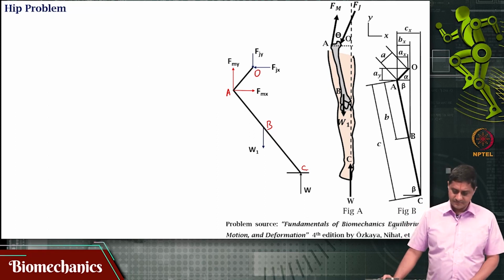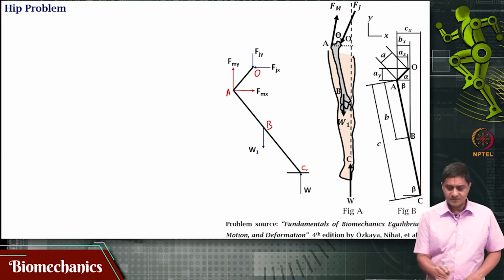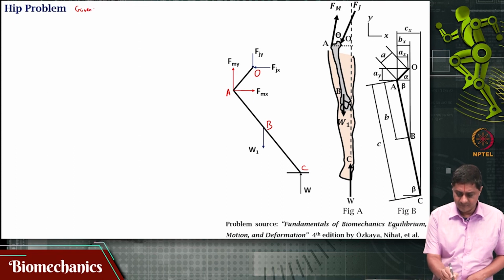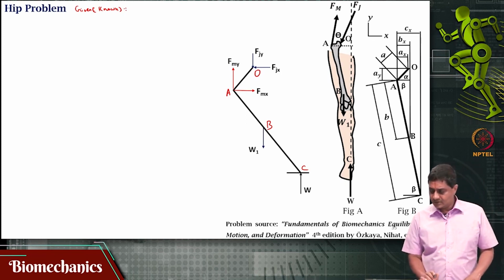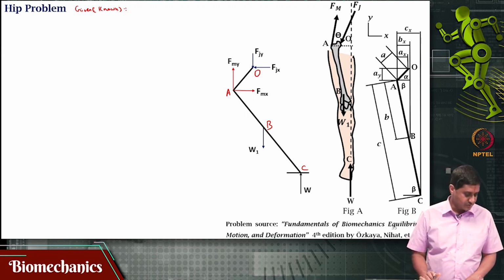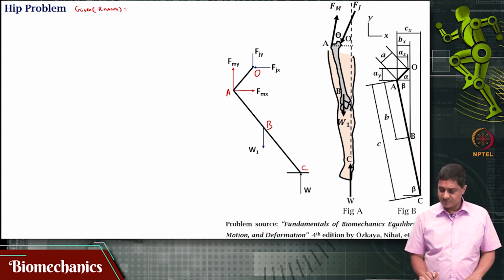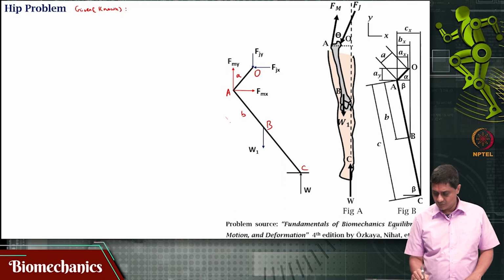What are the knowns in this? What is known or given? The distances a, b, c are known. W1 is known, W is known.